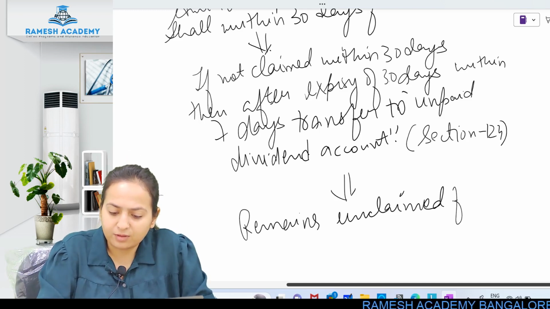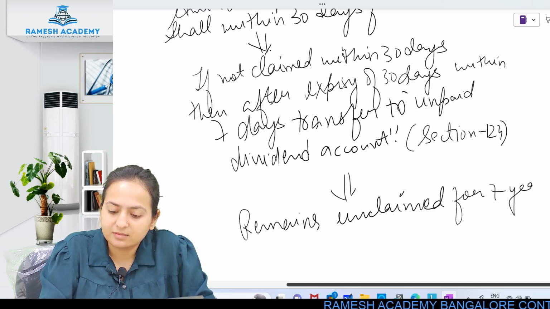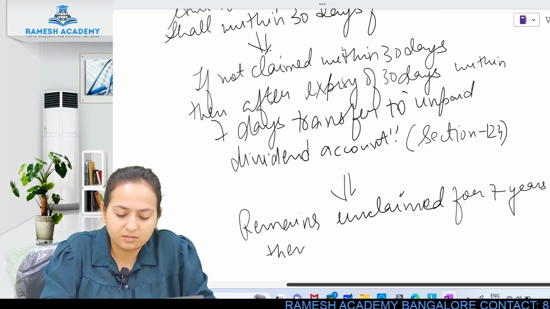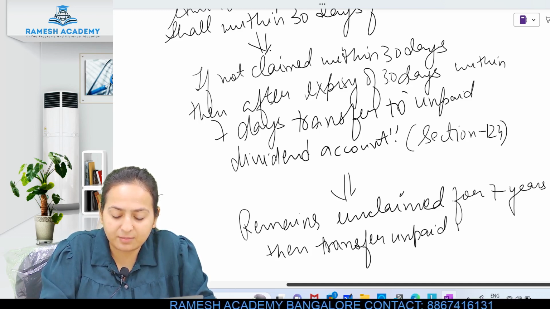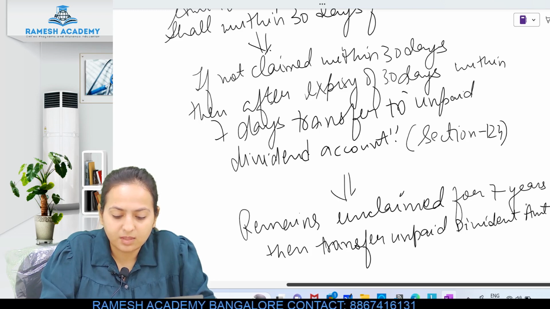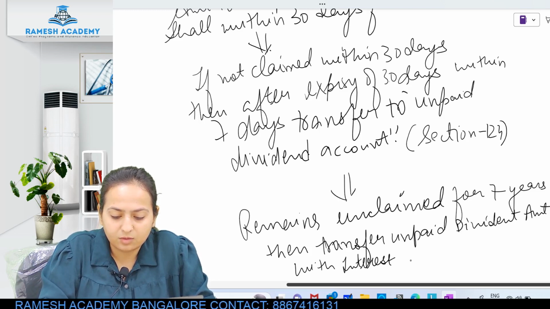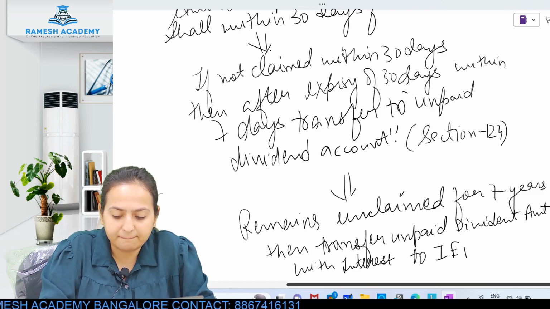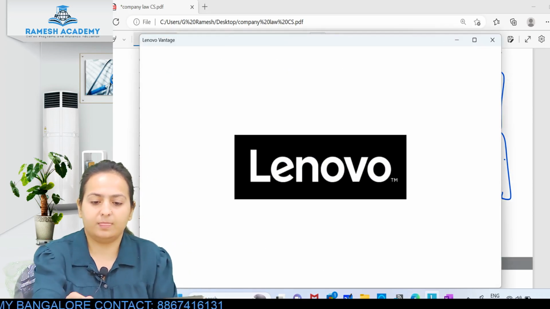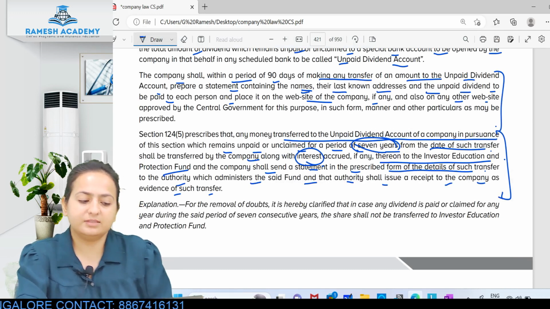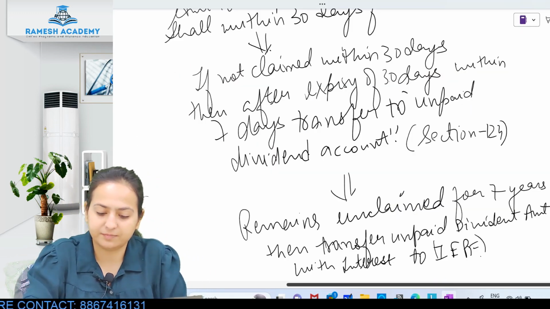Remains unclaimed for 7 years, then transfer this amount, that is the unpaid dividend amount, with interest to whom? IEPF, that is the Investor Education and Protection Fund.